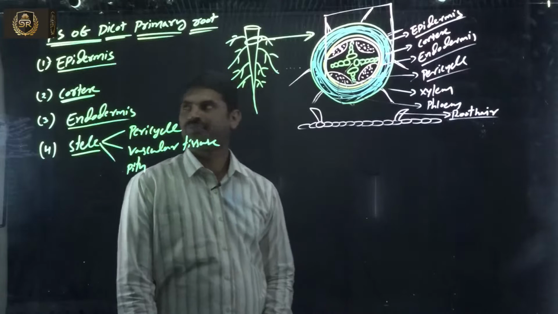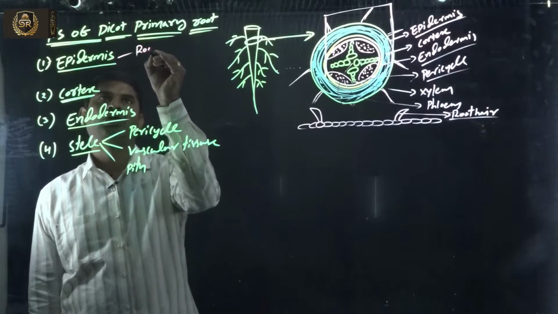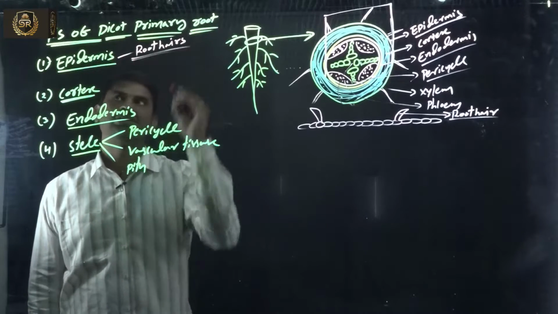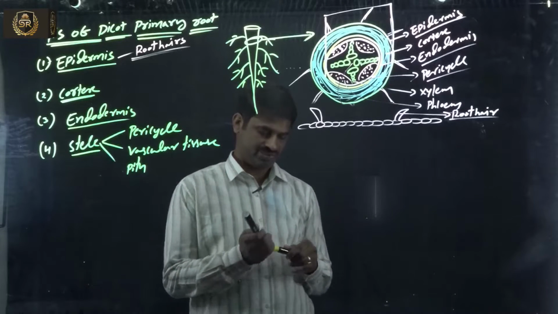The epidermis is the outermost protective layer. On the epidermis surface region, root hairs are present. Another name for the epidermis is epiblemma.